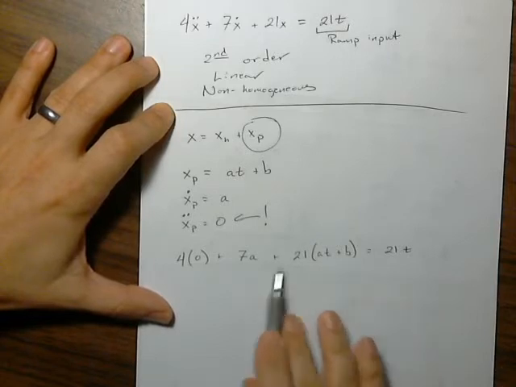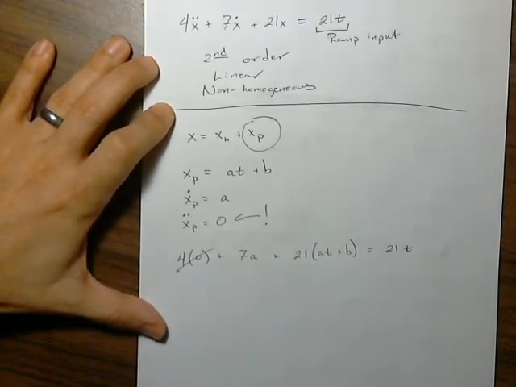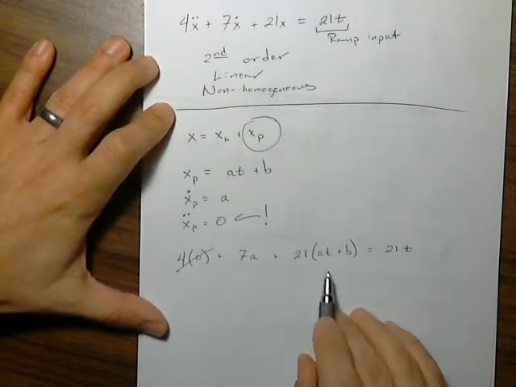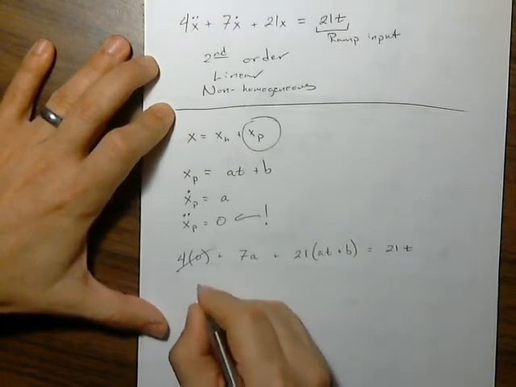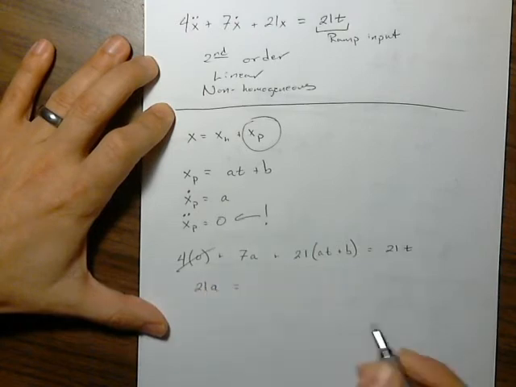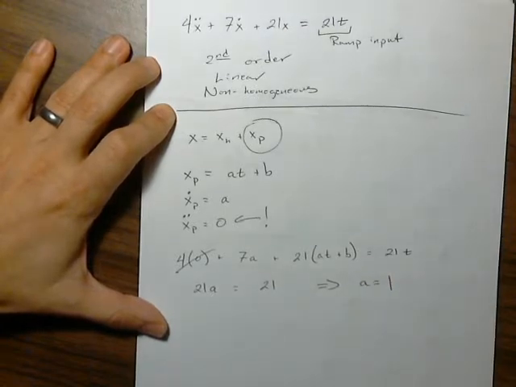Now I just need to find a and b so that this is true. This is now irrelevant. That's 0. And so if I just set like terms of t equal, we end up with this. 21a is equal to 21. Well, that's no mystery. Lovely.